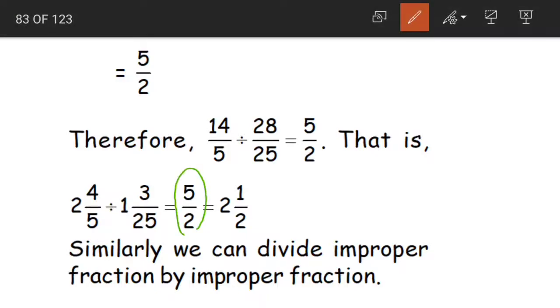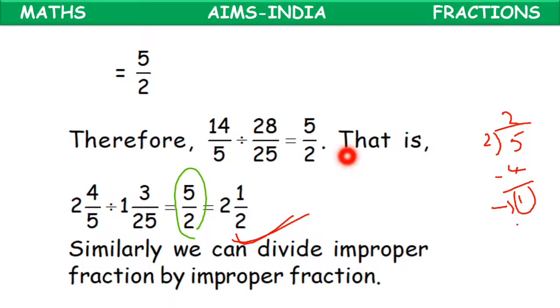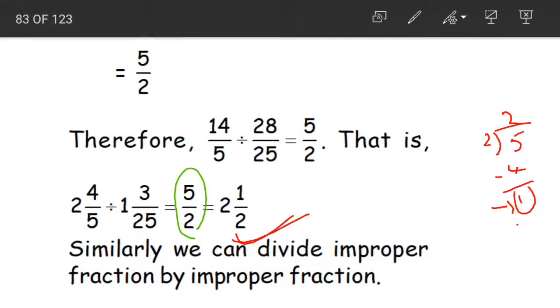Again, as this is an improper fraction, we can further convert it into a mixed number. 2 2s are 4, when we subtract, 1 is our remainder. So, 2 1 by 2 becomes our mixed fraction. Yes children, whenever you have an improper fraction, what is an improper fraction?